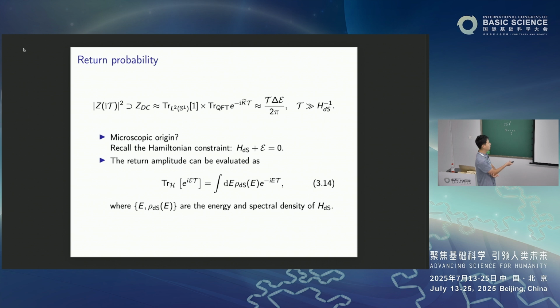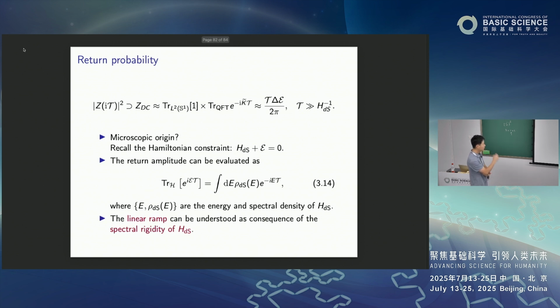Due to the Hamiltonian constraint, this insertion becomes the insertion of the time evolution of the de Sitter Hamiltonian, whose eigenvalue is denoted as capital E. When we consider the square of this quantity, we are essentially probing the spectral statistics of the spectral density of the de Sitter Hamiltonian. If you assume this de Sitter Hamiltonian satisfies random matrix universality, this linear ramp is a natural consequence of the spectral rigidity of H de Sitter.